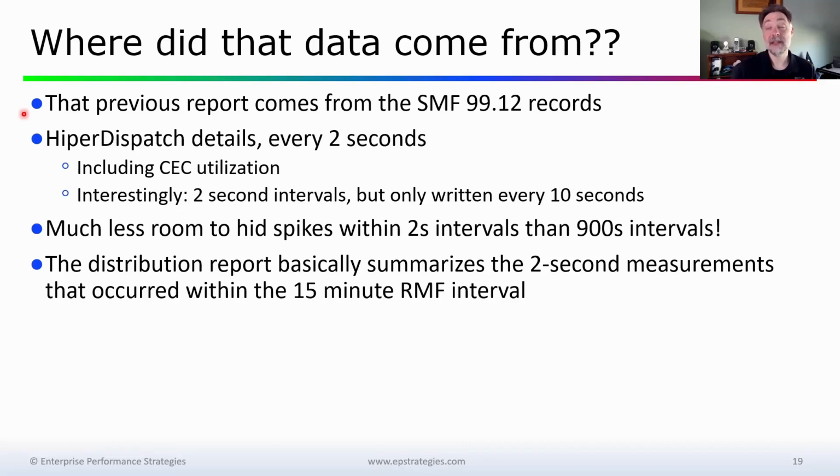But the point here is that we get 2-second level detail, and you can hide many fewer problems in 2 seconds than you can hide in 900-second intervals. It's still an average over the course of those 2 seconds, but a 2-second average is a lot different than a 900-second average. And that distribution report just basically summarizes those 2-second measurements into those 15-minute RMF intervals.